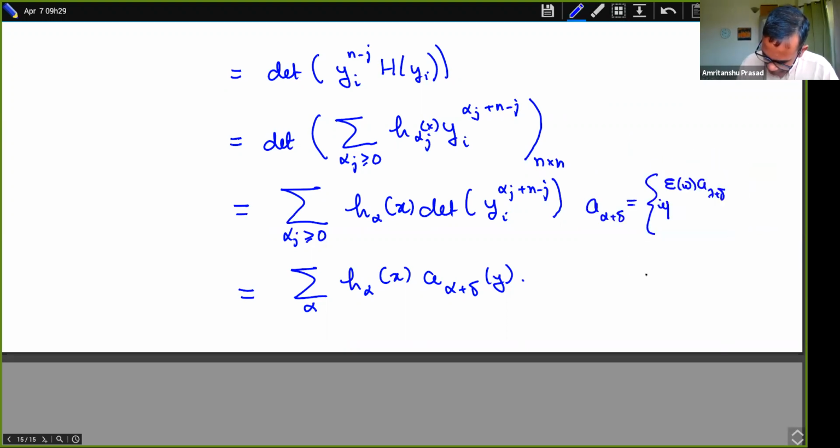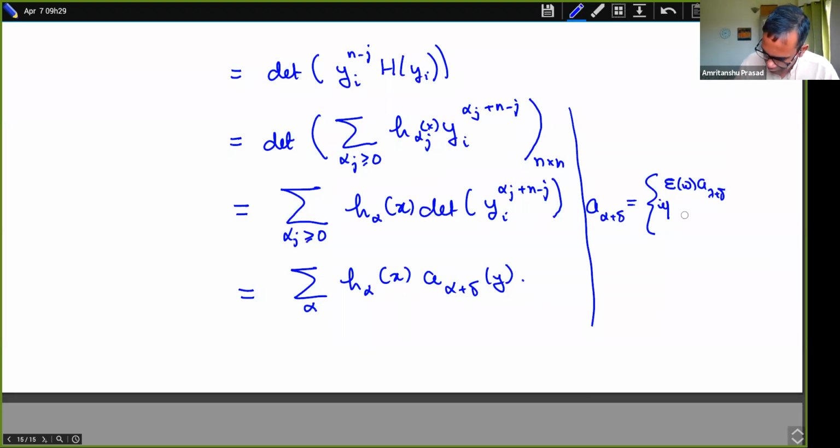So it's going to be epsilon w times a lambda plus delta if w dot alpha plus delta is equal to lambda plus delta, and is equal to 0 if the parts of alpha plus delta are not distinct.